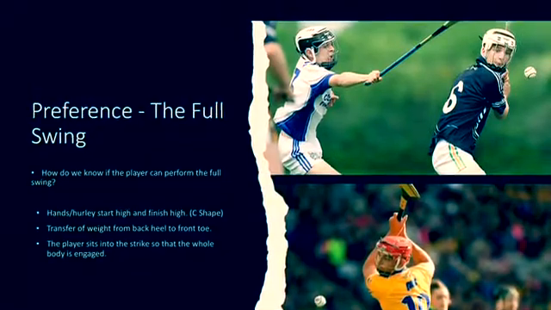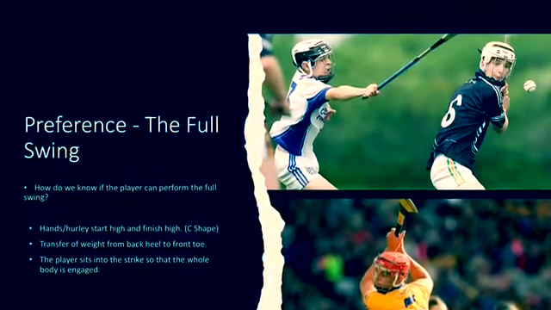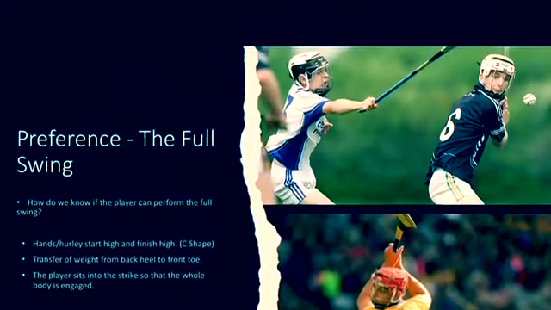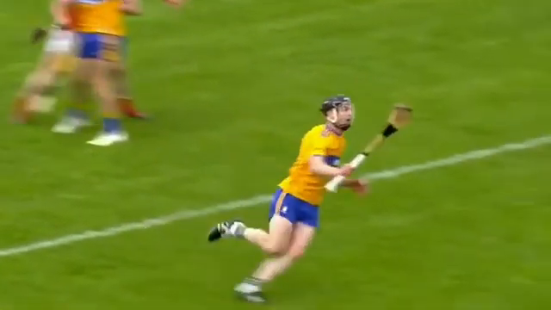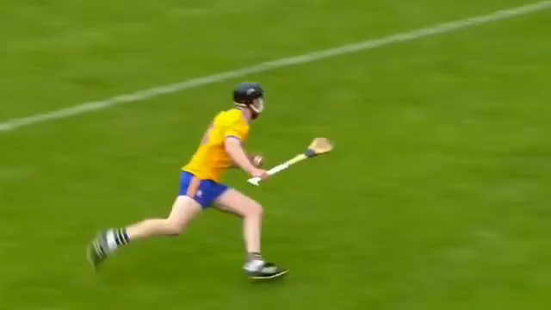So the first thing is we want all our players to have their stroke of preference, which is the full swing. And here's just some video clips on the full swing. Of course, we have to go to Tony with his footwork.